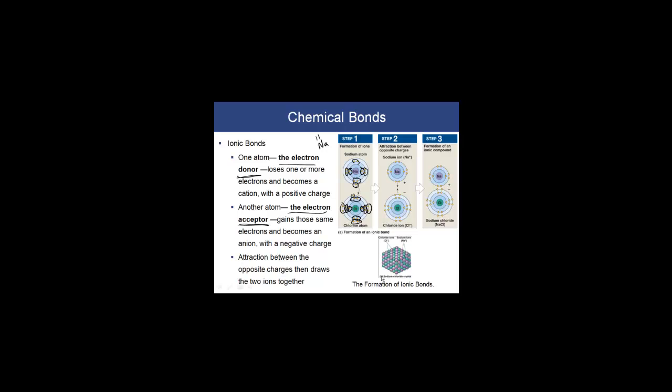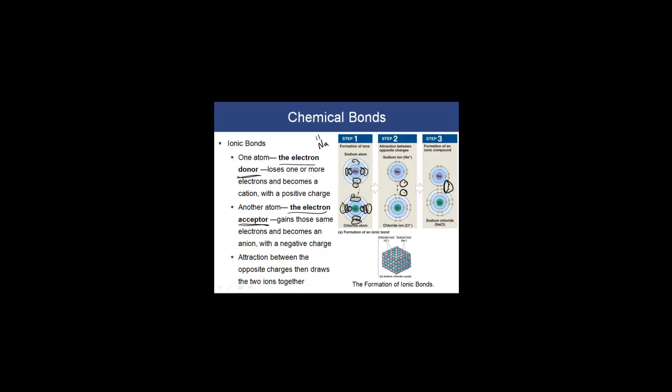So what does that mean for sodium and chlorine? Well, in the case of sodium chloride, it is the attraction between the cation and the anion that forms the ionic bond. And that's what you have here, the formation of an ionic bond.